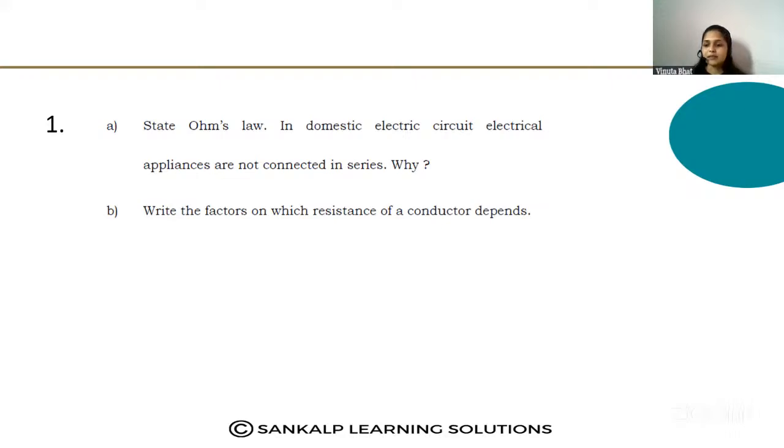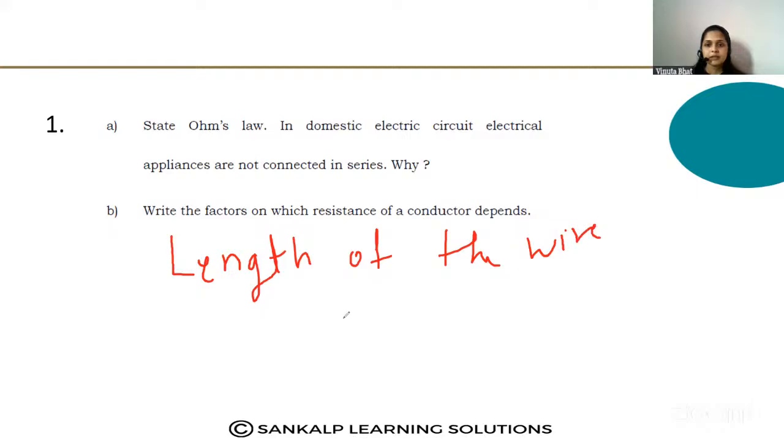Then write the factors on which resistance of a conductor depends. Resistance of the conductor depends on the length of the wire and the area of cross section.